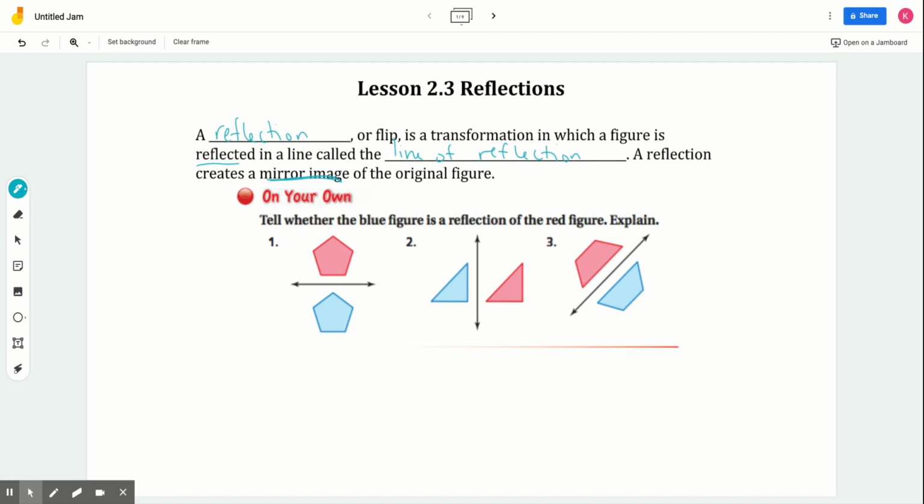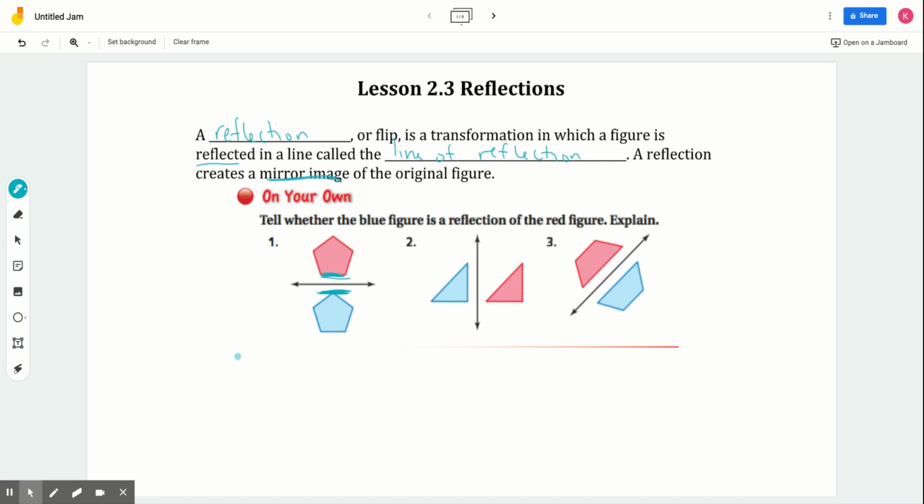So if we were to flip the red figure over, would the blue figure be the reflection? So let's think about this. The base of this red figure is closest to the line. So when we flip or fold it over the line of reflection, the base of the blue figure would be closest to the line. We can see that this is not the case.